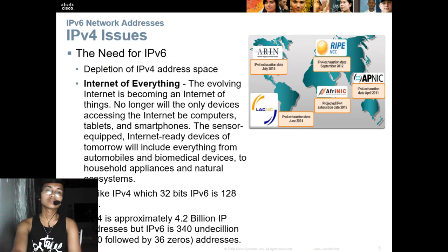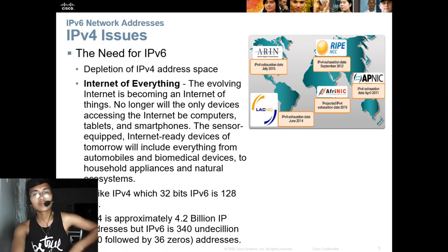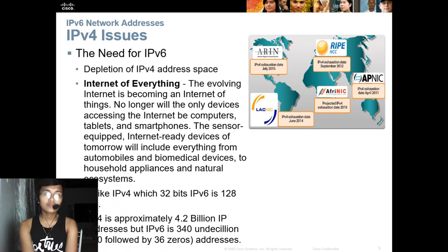IPv4 issues, the need for IPv6: depletion of IPv4 address space and the Internet of Everything. The evolving Internet is becoming an Internet of Things. No longer will the only devices accessing the Internet be computers, tablets, and smartphones. The sensor-equipped, Internet-ready devices of tomorrow will include everything from automobiles and biomedical devices to household appliances and natural ecosystems.